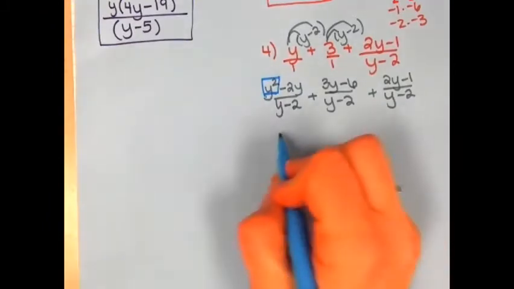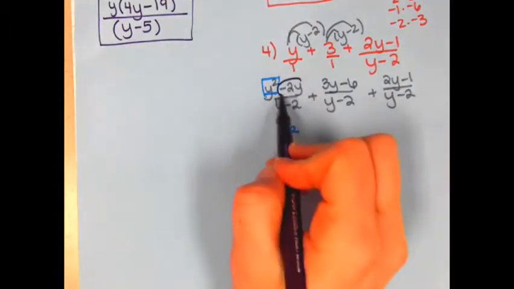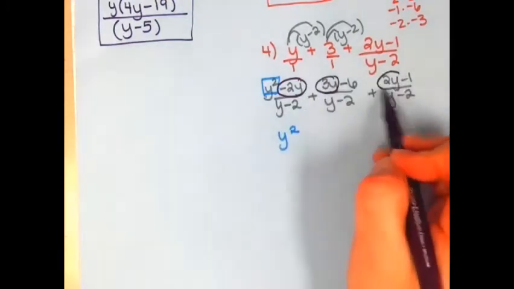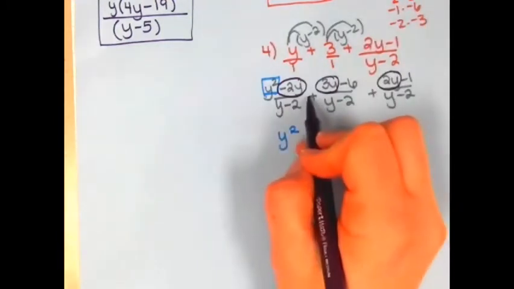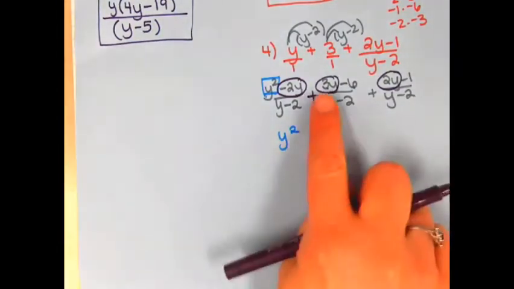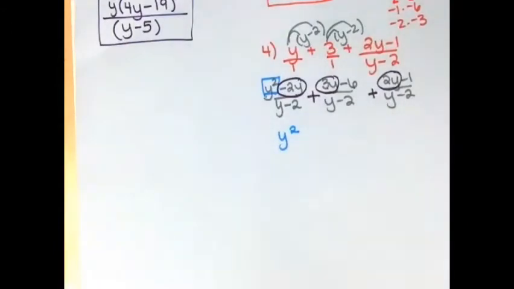No, so I'm going to leave it as y squared. Then we have a negative 2y. What else? 3y and 2y. So we're taking negative 2y plus 3y, which is 1y. And what's 1y plus 2y? 3y.